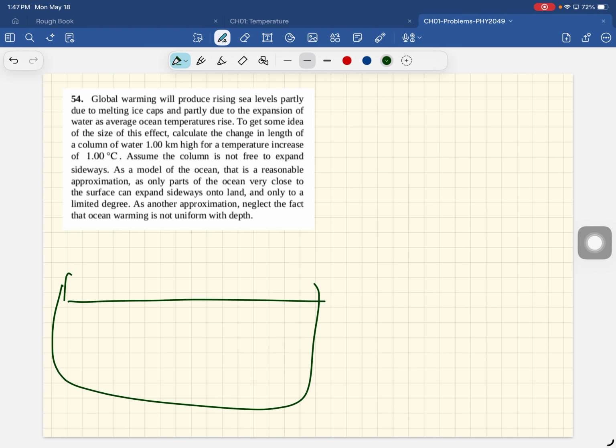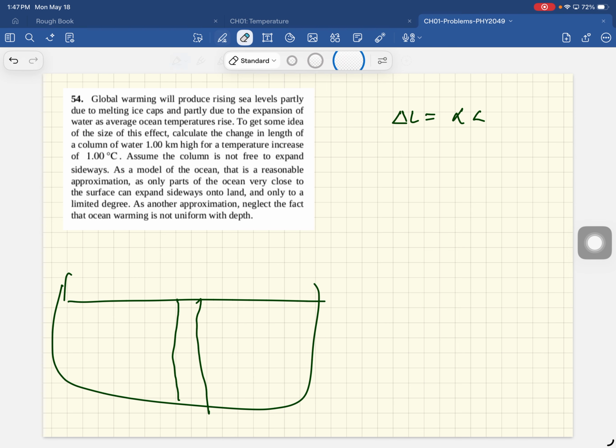We want to convert this to calories, so that's about 200 calories per kg per degree Celsius, or 0.215 kilocalories per kg per degree Celsius.